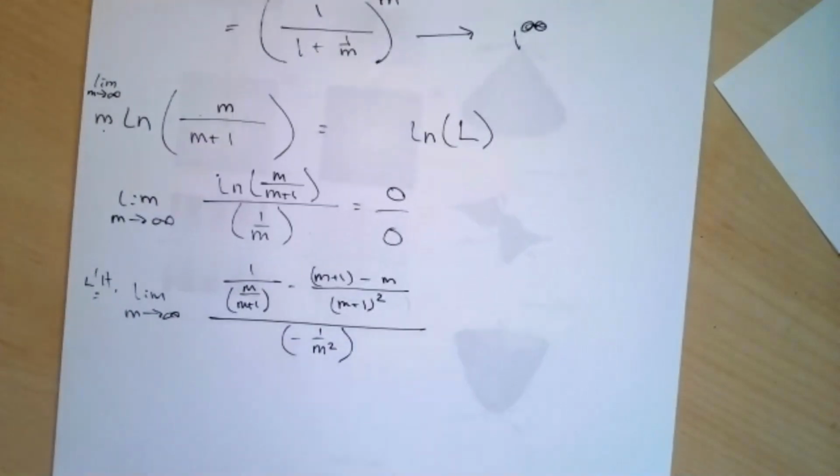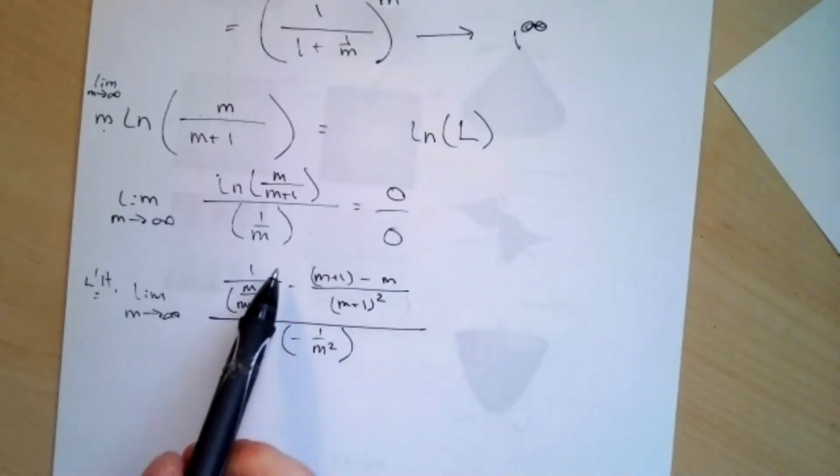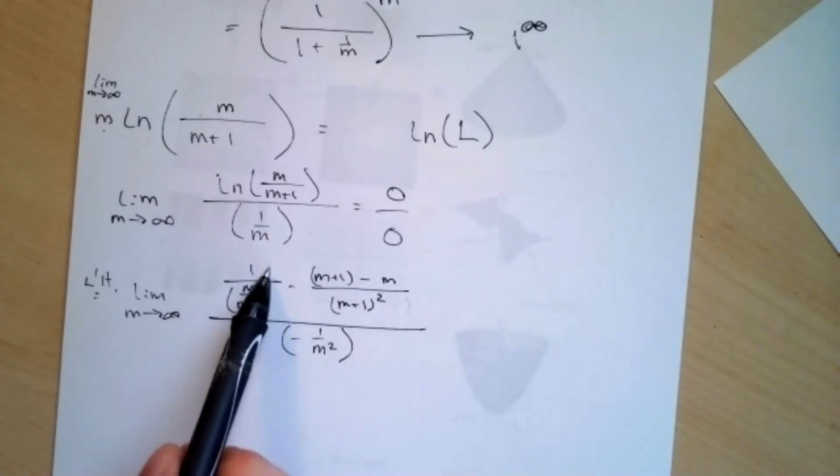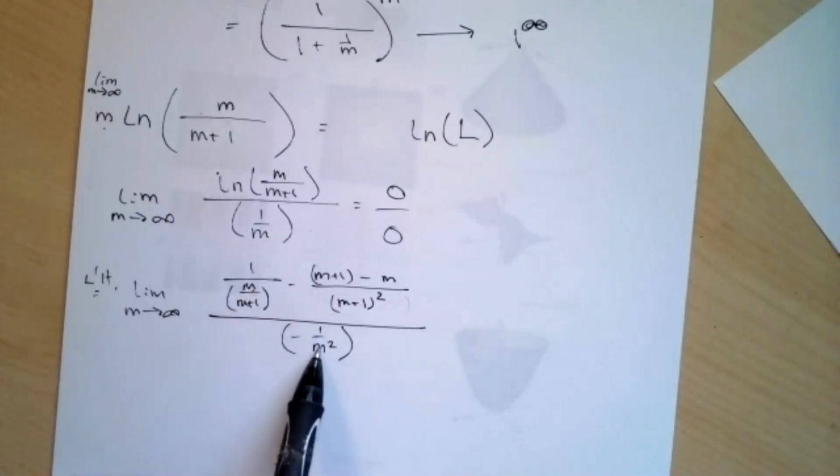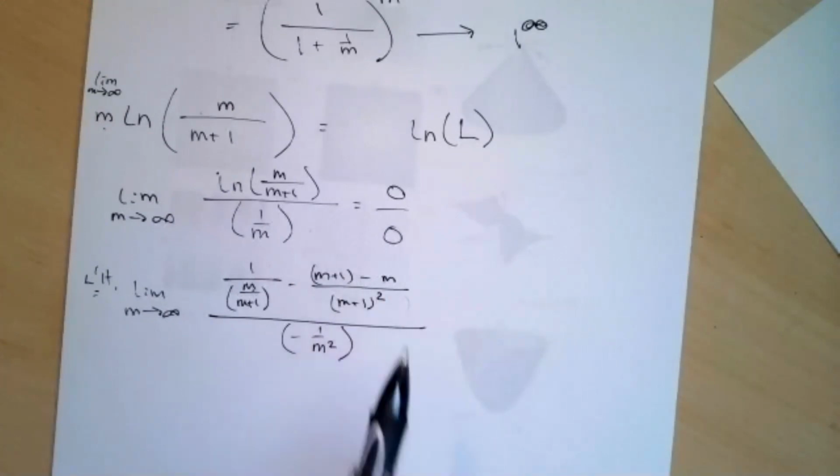So just mind the algebra. It actually may not be too bad. Take the reciprocal of that term, multiply that m up, simplify that numerator, and from there you should be able to compute the limit once you do all the algebraic simplification, because then it'll just be a basic rational expression.